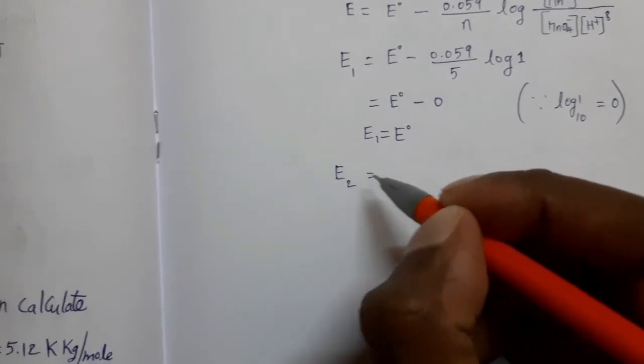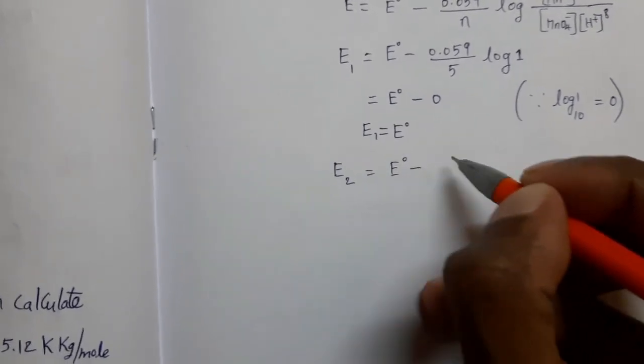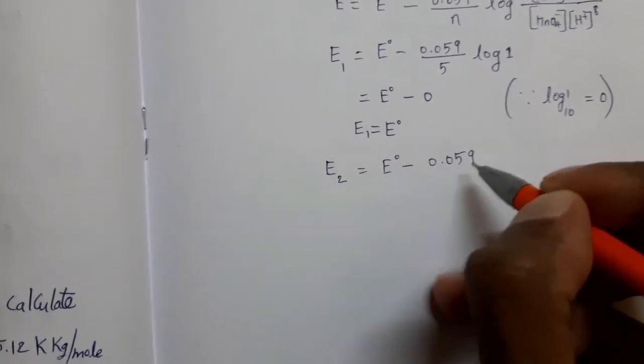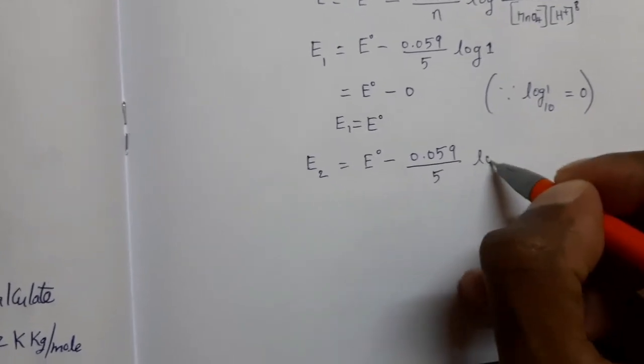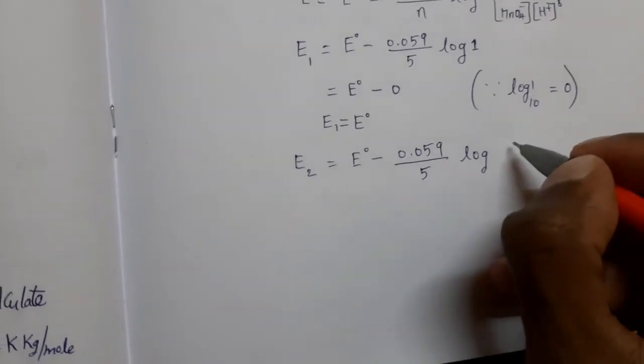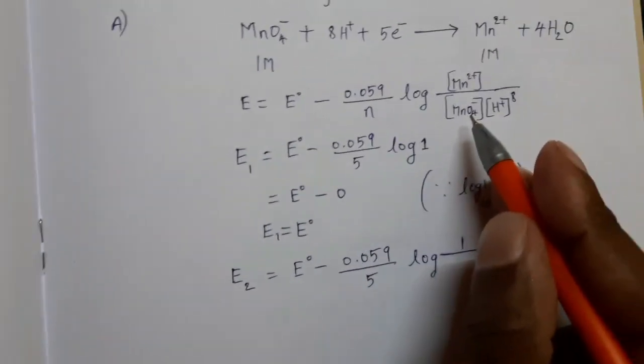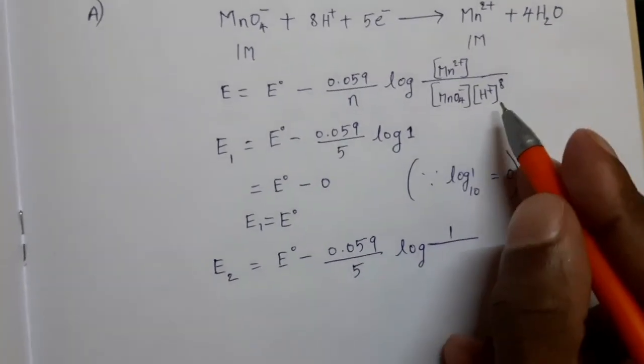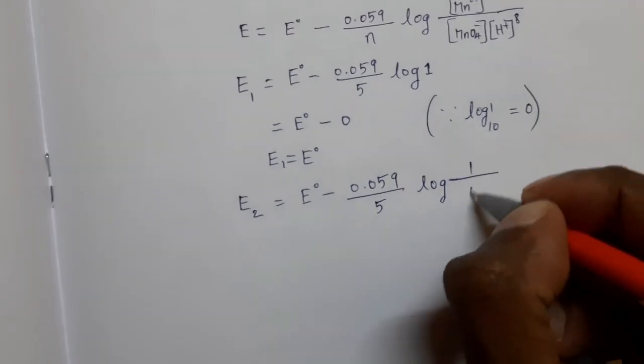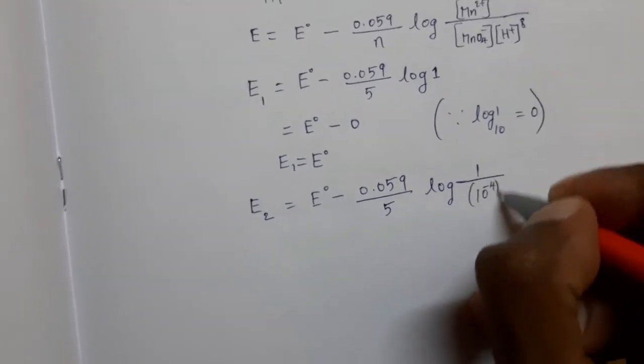Then electrode potential E2 equal to E naught minus 0.059 by 5 into log of, here Mn2 plus ion concentration 1, MnO4 minus ion concentration 1, H plus ion concentration 10 power minus 4 whole power 8.